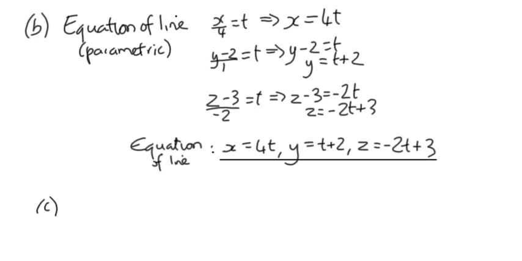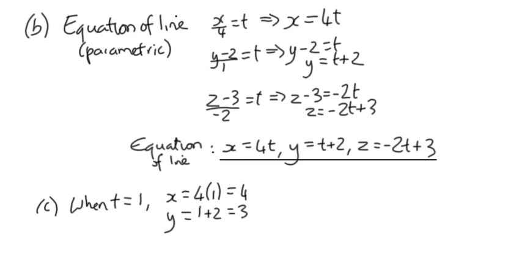So for instance, when t equals 1, x equals 4 times 1, which is 4, y equals 1 plus 2, which is 3, and z is equal to negative 2 times 1 plus 3, which is 1.